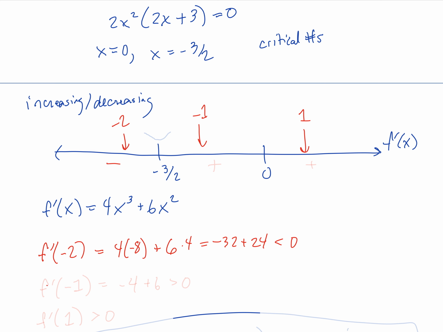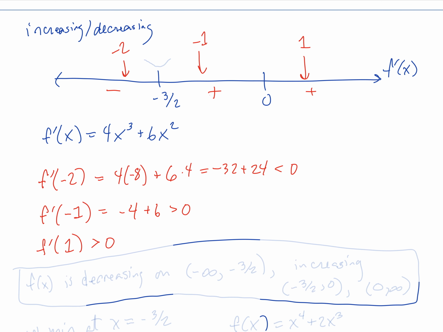The function is decreasing. f prime of negative 1 is 4 times negative 1 cubed, which is negative 4, plus 6. That's greater than 0, so we're positive over here. And f prime of positive 1 is 4 times 1 plus 6 times 1, that's greater than 0, so it's positive over here.